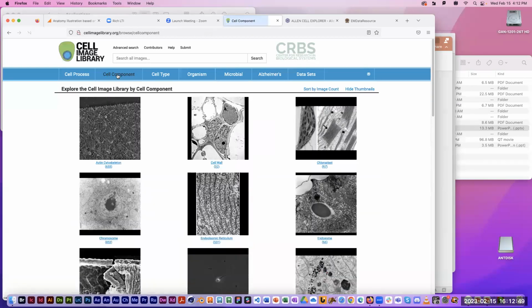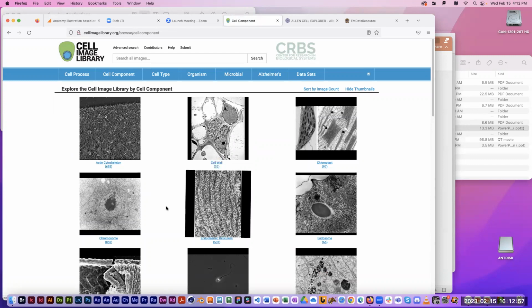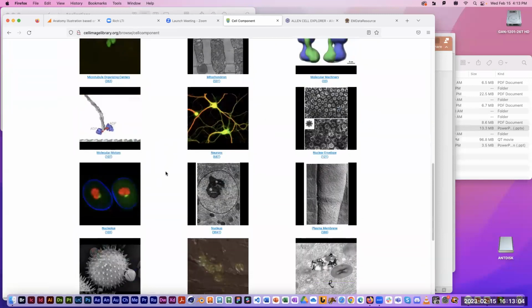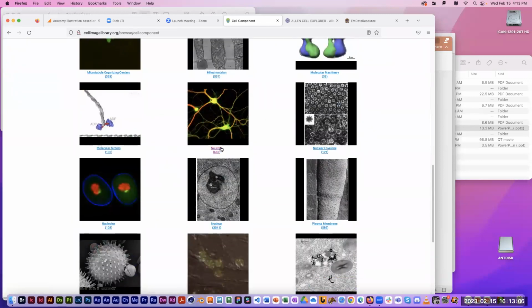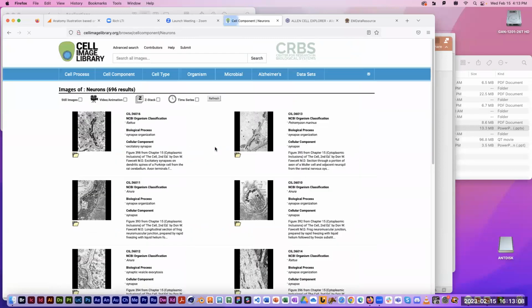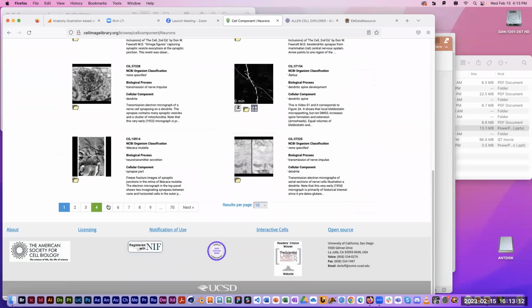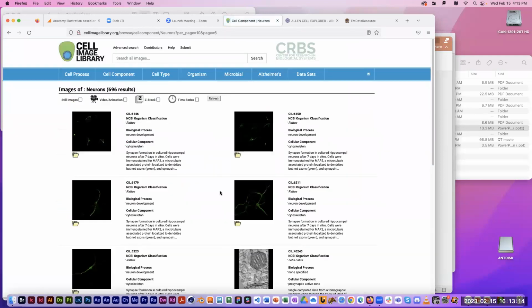You can look it up by cell component. So there's 655 images of just the actin cytoskeleton, 32 images of cell walls, 853 pictures of chromosomes. So if you're looking for a good reference for what neurons look like, you've got 687 different images, electron micrographs and all kinds of other images.